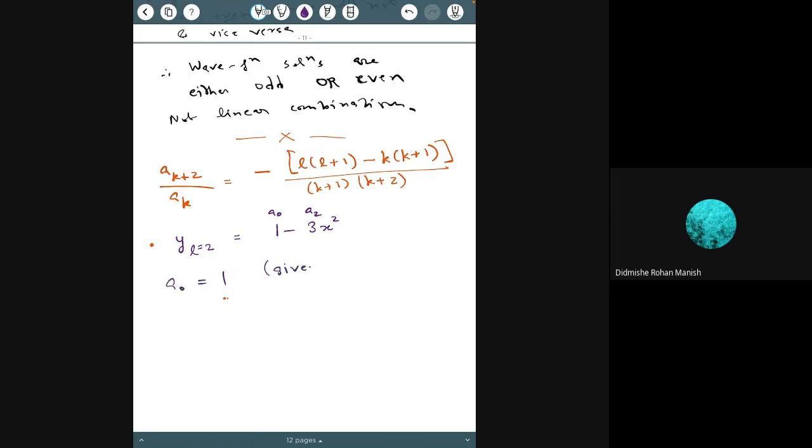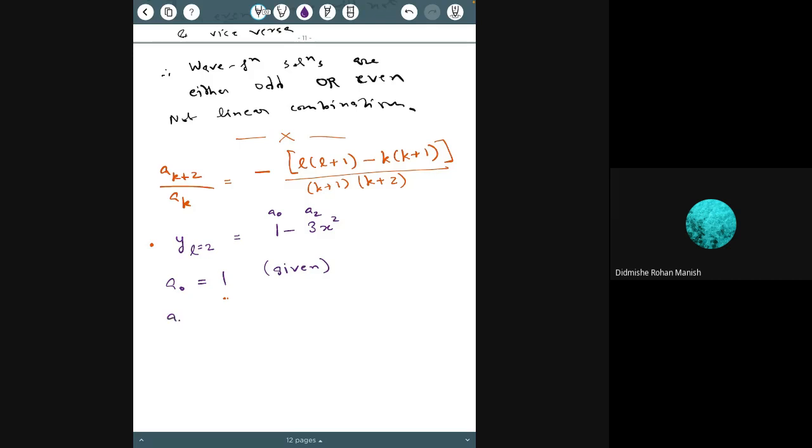This is given, because a0 and a1 are arbitrary and they have been set to 1 before we start solving for the remaining coefficients.